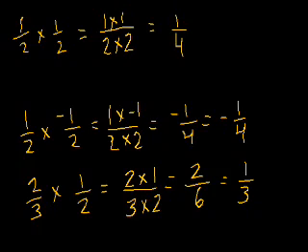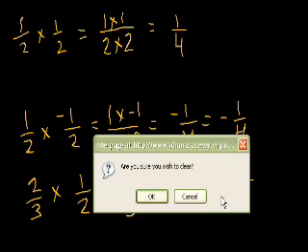Let's do it again, and I want to show you a little trick here. 2/3 times 1/2. As you said, any multiplication problem, you just multiply the numerators, multiply the denominators, and you have your answer. But sometimes, there's a little trick here where you can cancel out, you can divide the numerators and the denominators by a number.